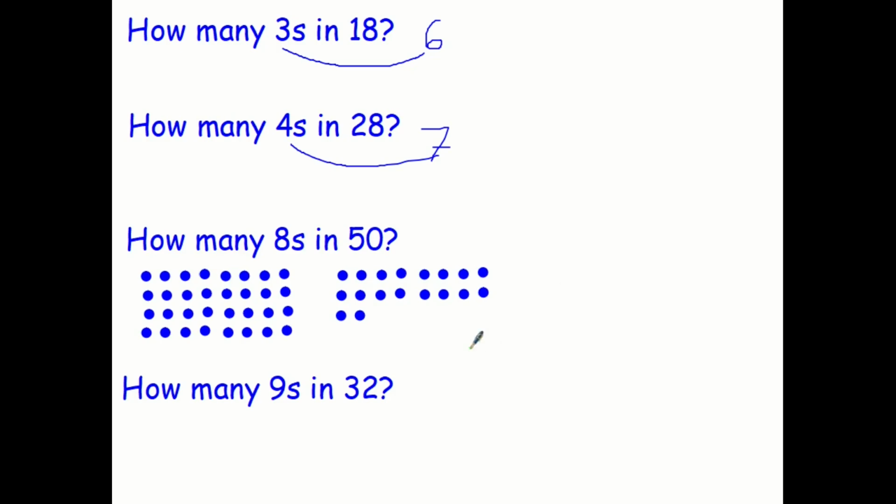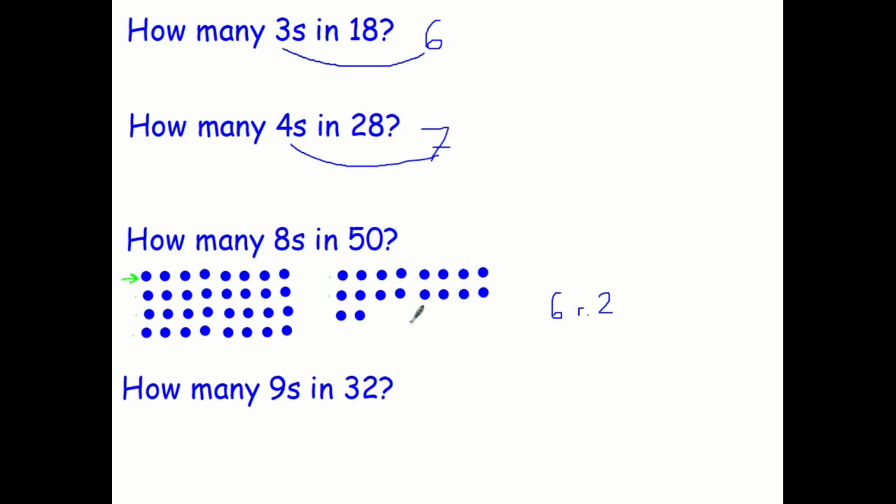Well, if we count them, we can see that we've got one row of 8 here. This is 1 8, 2 8's, 3 8's, 4 8's, 5 8's, 6 8's. So it goes in 6 times, remainder 2. So I'm going to write it as 6 remainder 2.